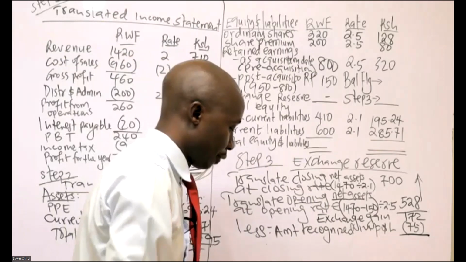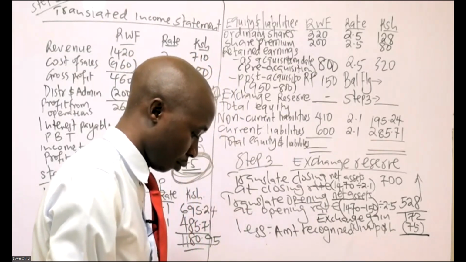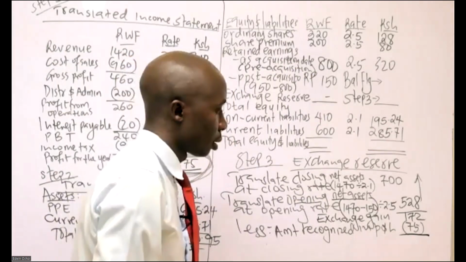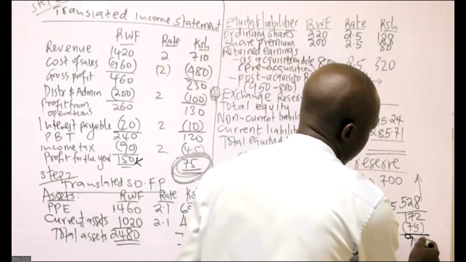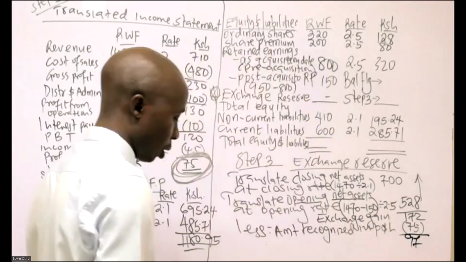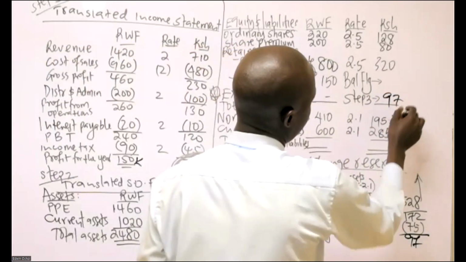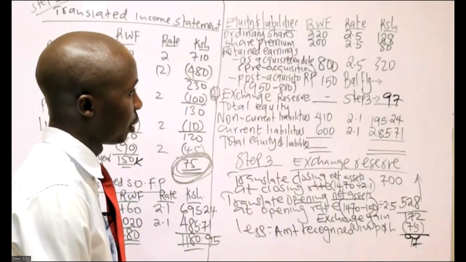So if you take 172 minus 75, what do you have? That is 97. So the 97 is what you are checking against that statement.